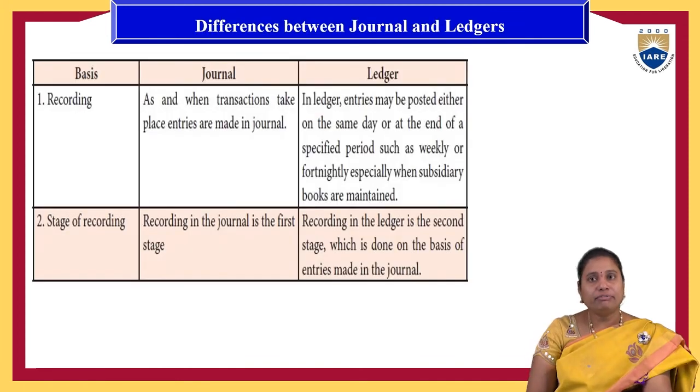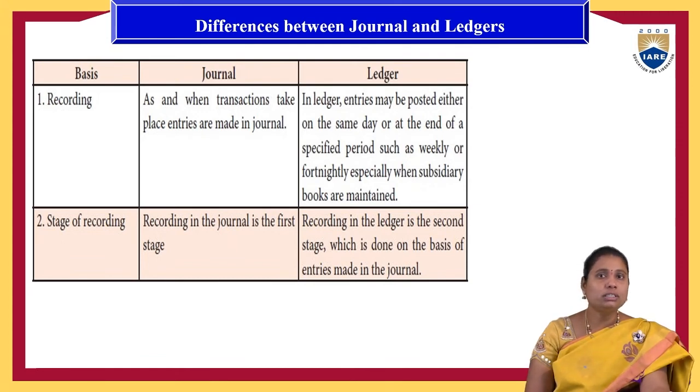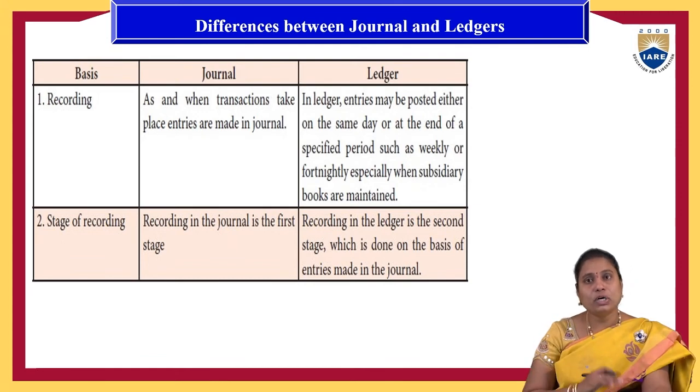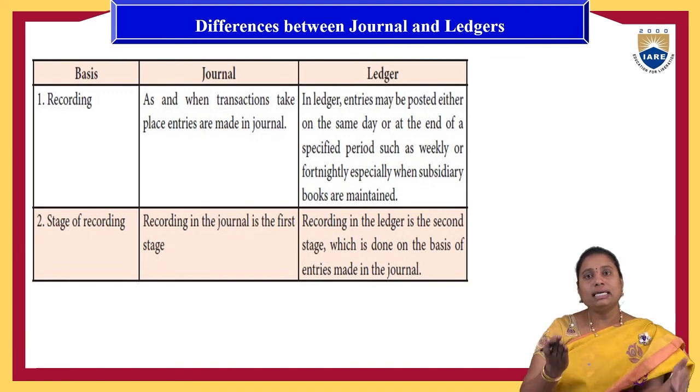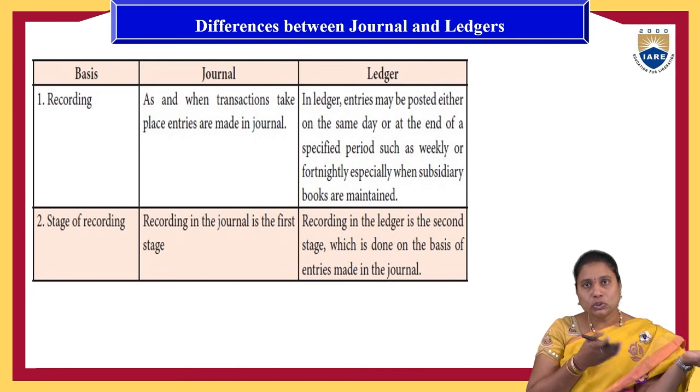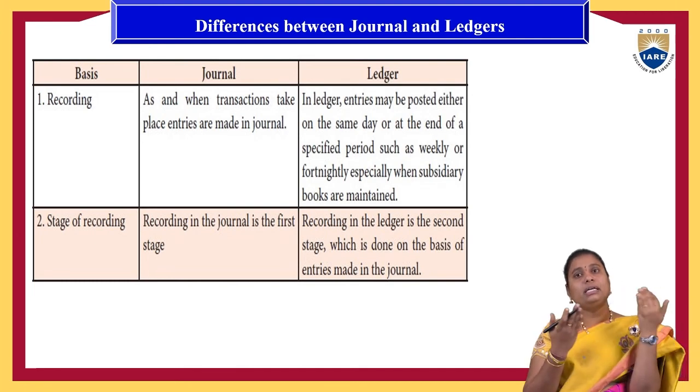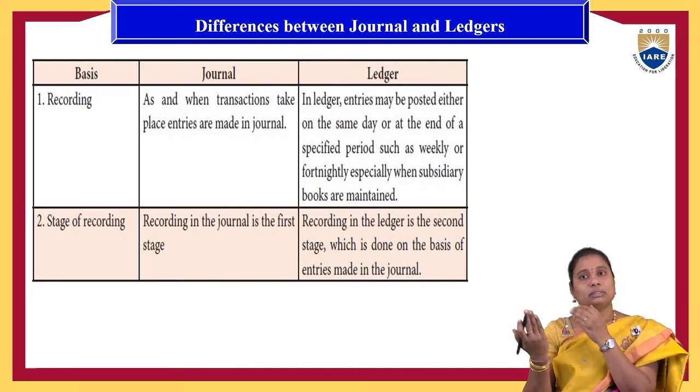Once we observe the differences between the journal and the ledger, recording is the main activity of the journal, whereas every transaction should be taken into consideration. In the ledger, they are not doing the recording; they are interpreting. That is, once the entry has been done in the journal, it is separately taken on an account basis in the ledgers.